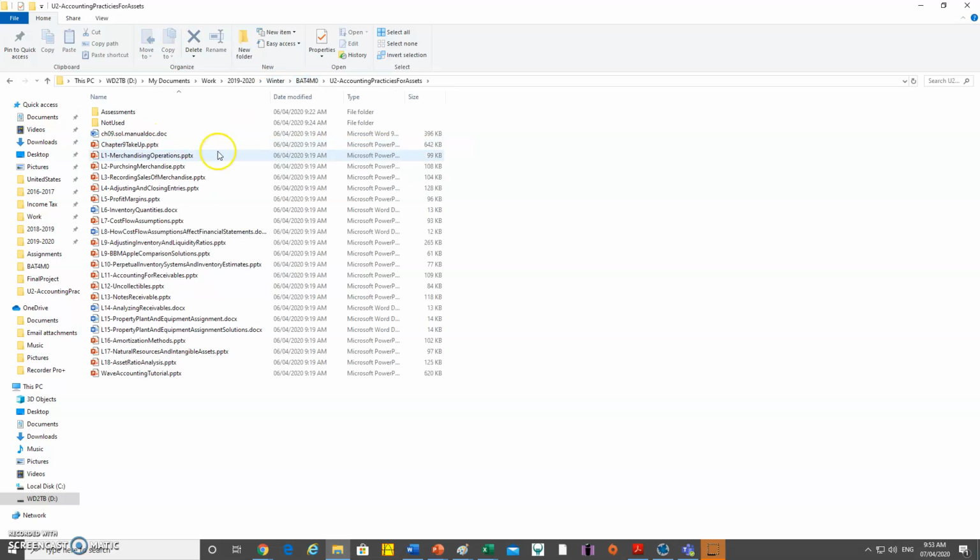We've continued into Unit 2, which is accounting practices for assets. Specifically, we've been focused for the past month roughly on merchandising operations and merchandising businesses, businesses which buy and sell goods. Merchandising operations goes into how we deal with our merchandise, how we deal with cost of goods sold, how we record that sale, and the adjusting and closing entries.